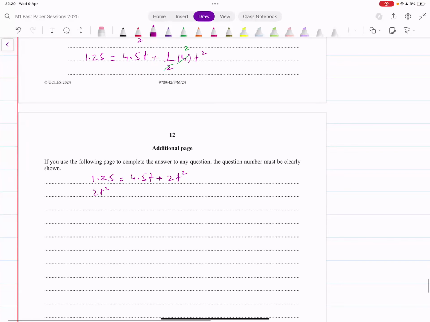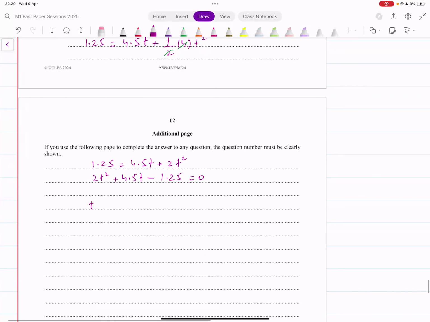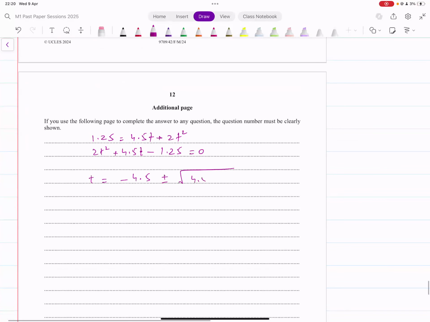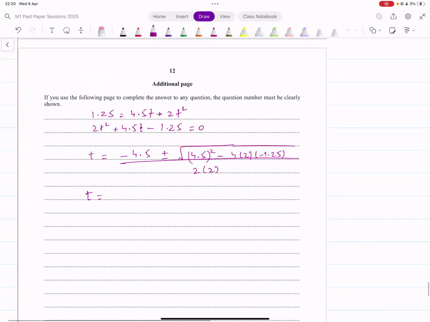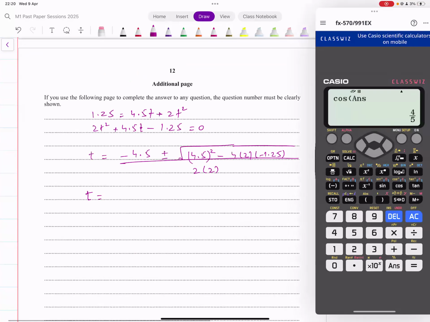That's 2T squared plus 4.5T minus 1.25 equals 0. You would input these values in the quadratic formula. You have to show the step: minus 4.5 plus or minus the square root of 4.5 squared minus 4 into 2 into minus 1.25, whole divided by 2 times 2. And that should give you the values of T. You can see what they turn out to be.